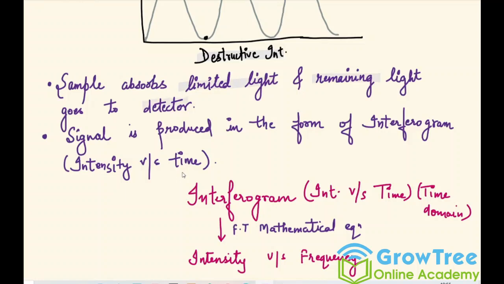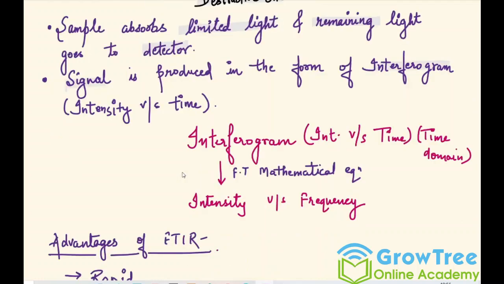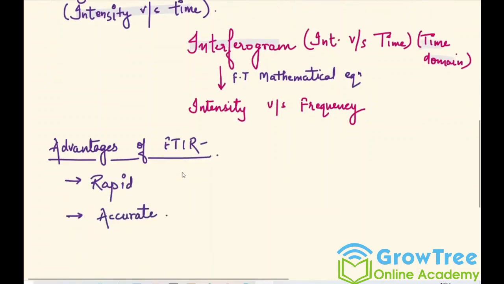A signal will be produced in the form of an interferogram. That means it will be intensity versus time, or we can say time domain. This interferogram, which is in time domain, will get converted into intensity versus frequency, or frequency domain, by a Fourier transform mathematical equation.